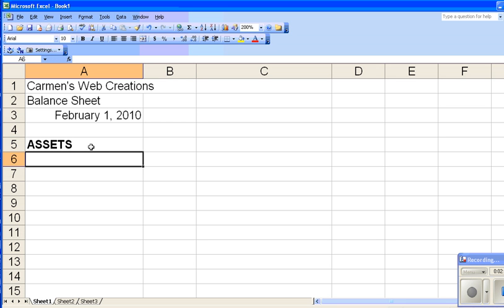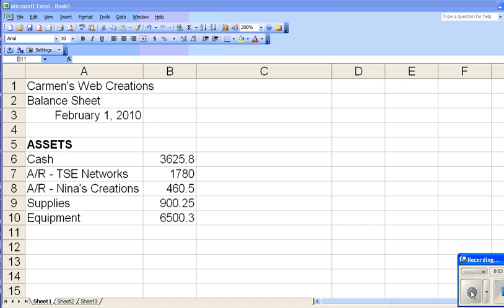Below that, we are going to list all of the cash, any of the customers that owe us money, that would be the accounts receivable, as well as any other items that our business, Carmen's Web Creations, owns on this current date. I'm just going to pause the tape for a moment while I type those in for you.